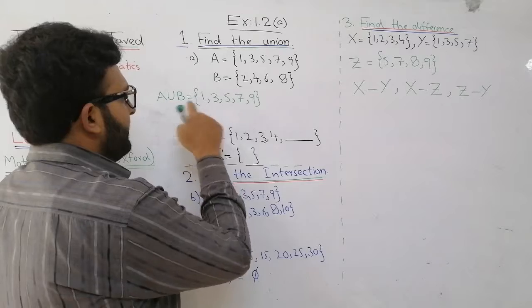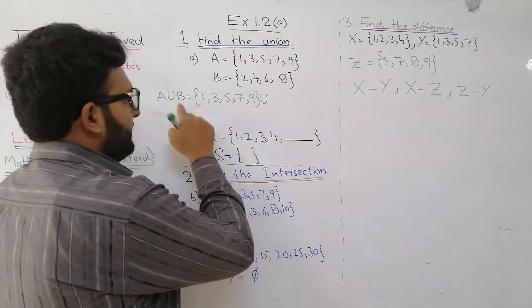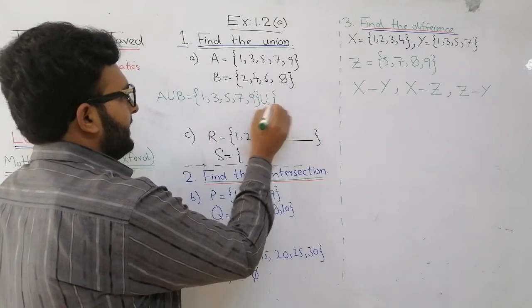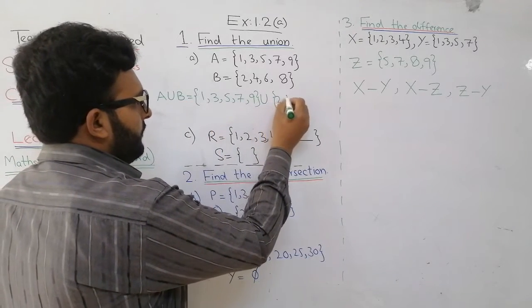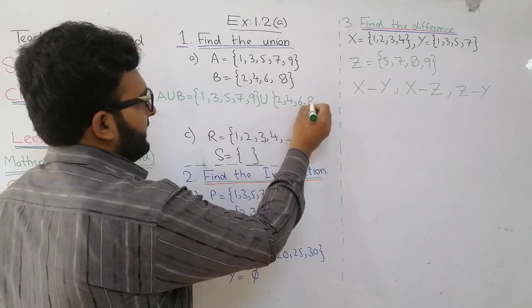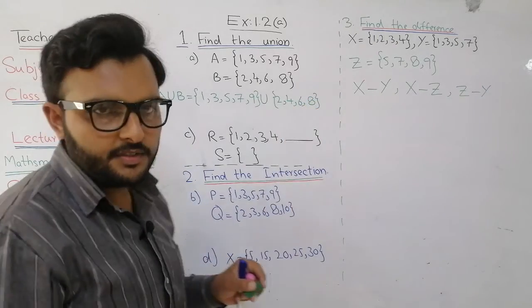After the union sign, we will write set B: 2, 4, 6, 8.